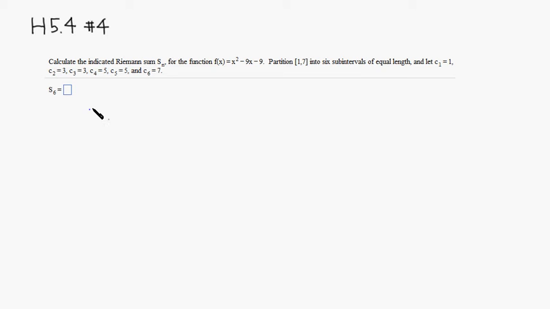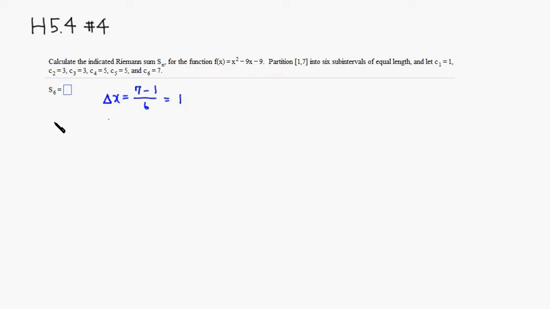Let's find delta x first. Delta x is going to be b, which is 7, minus a, which is 1, divided by n, in this case 6 subintervals, so 6. So delta x is going to be equal to 1.